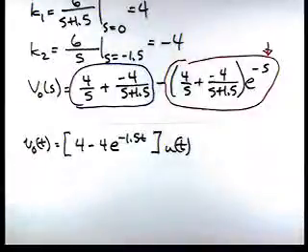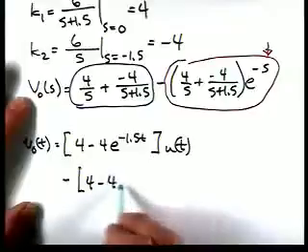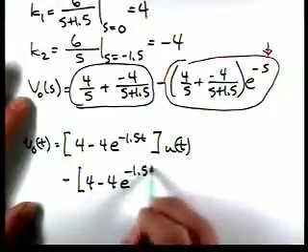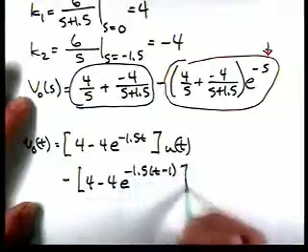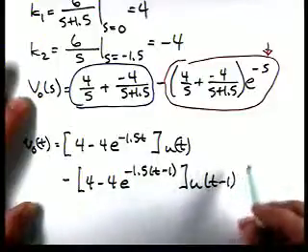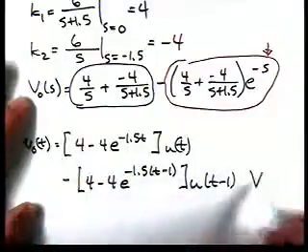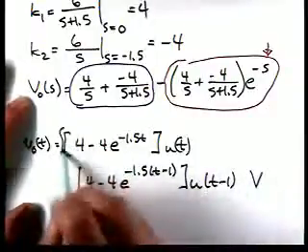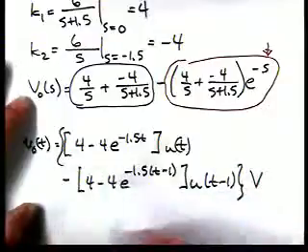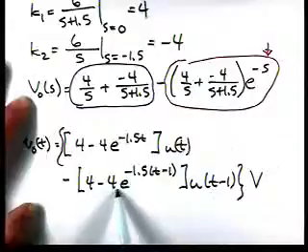So then we're going to have minus 4 minus 4 e to the minus 1.5 times t minus 1 u of t minus 1 volts. Okay. So this second term, the e to the minus s, is just the time shift. So we have the time shift here and here.